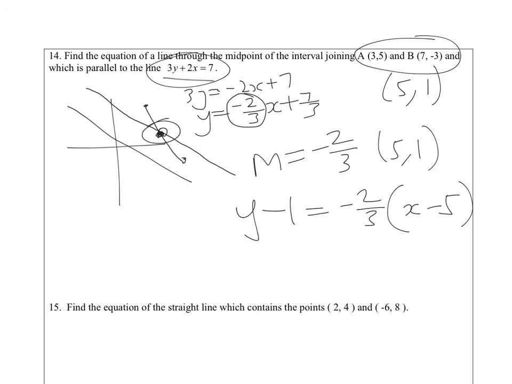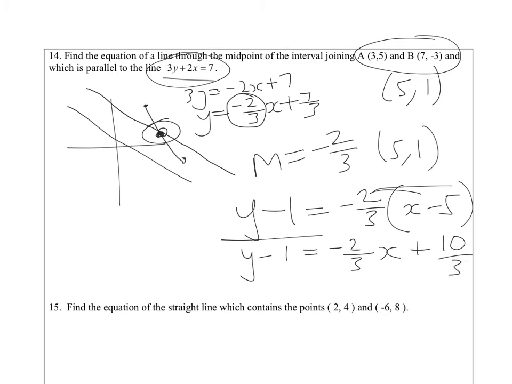Now, you can either do this in the general form, where you would multiply the other side by 3, and then expand the brackets, or the y-intercept gradient formula. So let's do the y-intercept gradient formula. So y minus y1, expand the brackets, we get negative 2 on 3x plus 5 times 2 is 10 on 3.